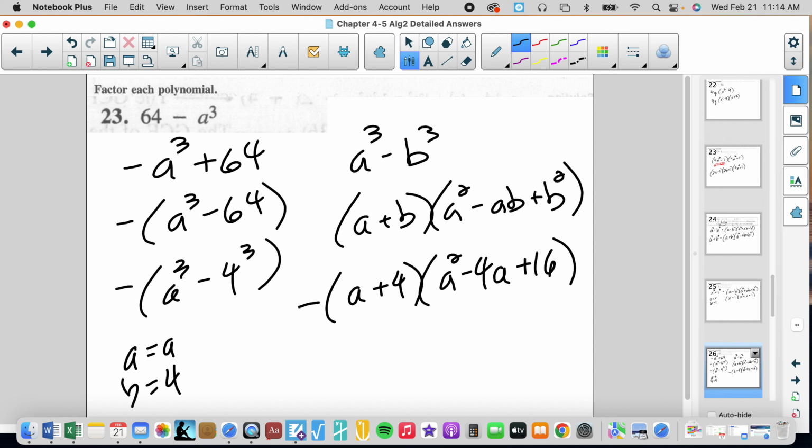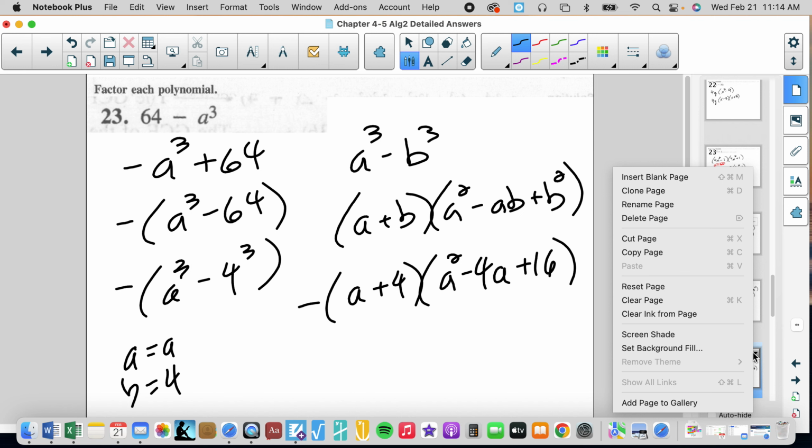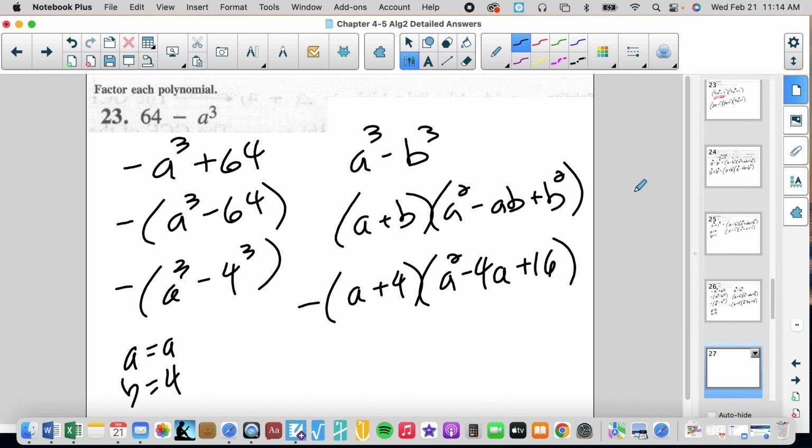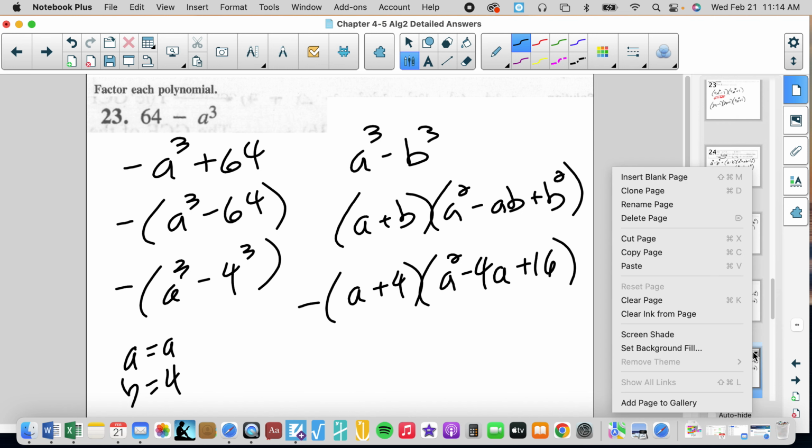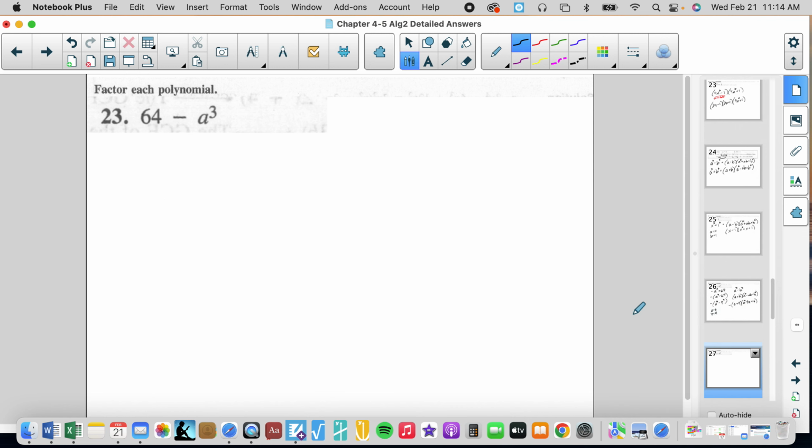Let's do this problem again. Clone page. Let's erase. We're learning, even the teacher. So if we write this, that is going to be 4 cubed minus a cubed, and that's going to fit in this a.